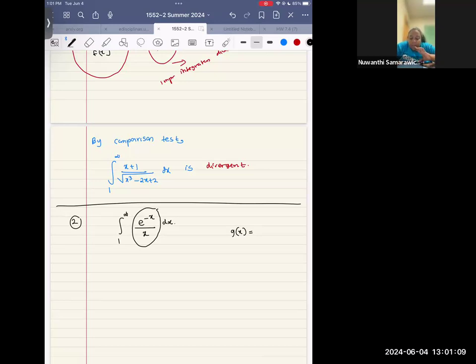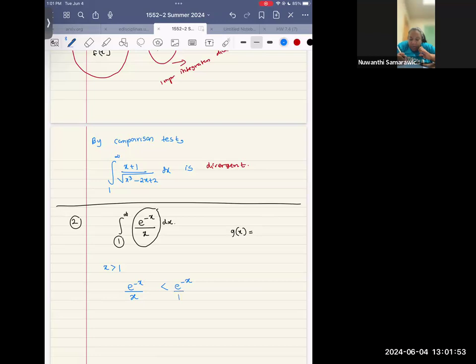So let's see. When you look at the integral, here you have an upper limit and lower limit. This means x is greater than 1, right? So if you divide by x greater than 1, x can be 1,000, x can be 2, x can be 10,000. This is less than e to the power negative x, right?